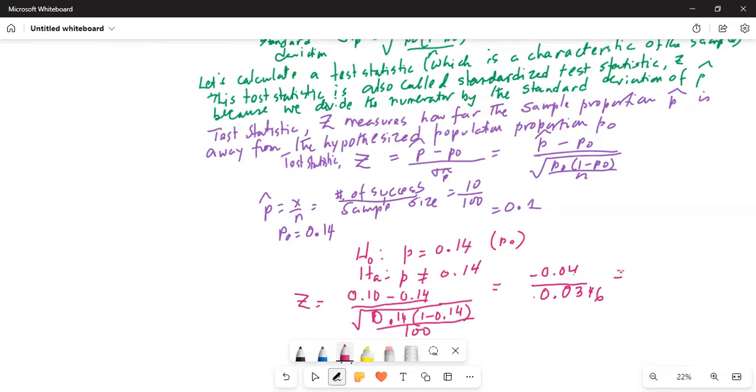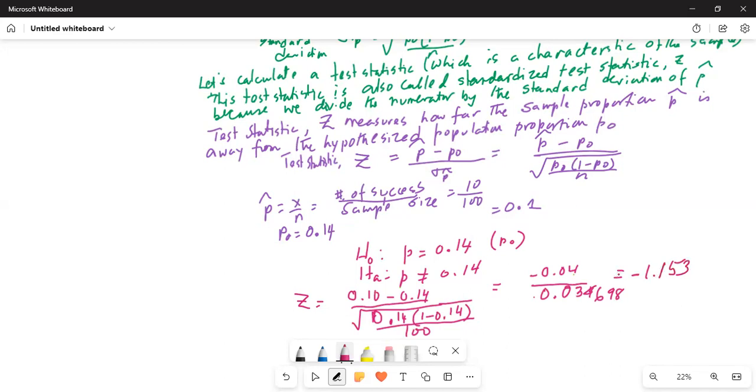Okay, let's calculate this and then I will explain what it means. I take the inverse of that, 0.0346, actually it is 28.98, and multiply by 0.04 to get negative 1.153.